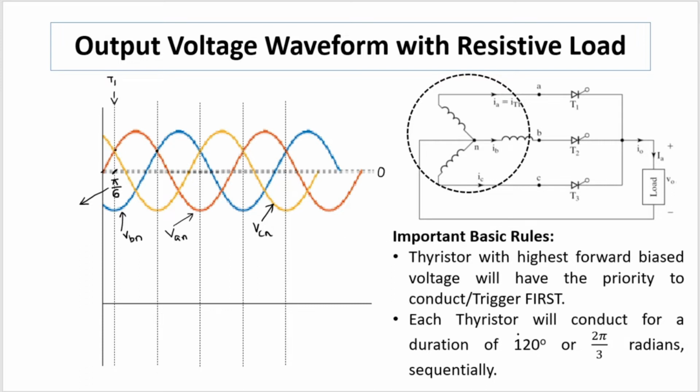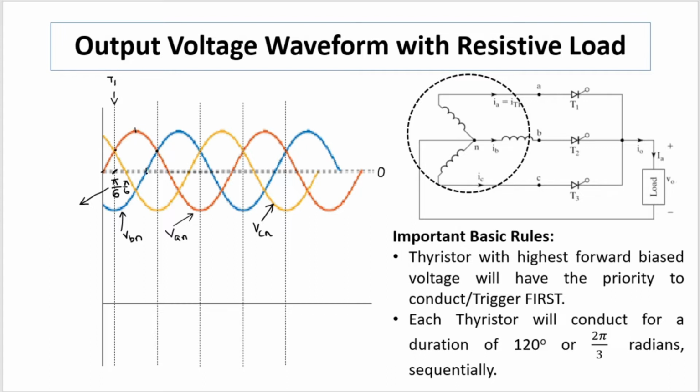The second thing is that each thyristor will conduct for a duration of 120 degrees, or 2 pi by 3 radians. Before this we should understand the various important points of this waveform. This represents pi by 6, this point represents pi by 3, and you know that the maximum or peak of a sine wave represents pi by 2.